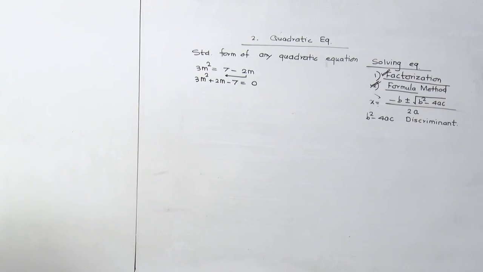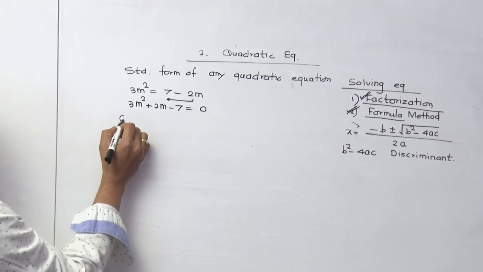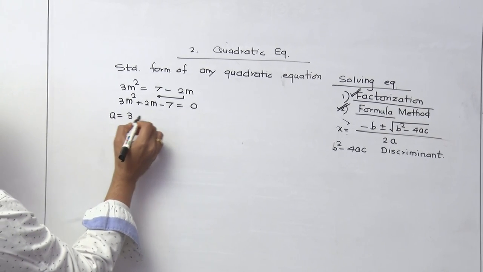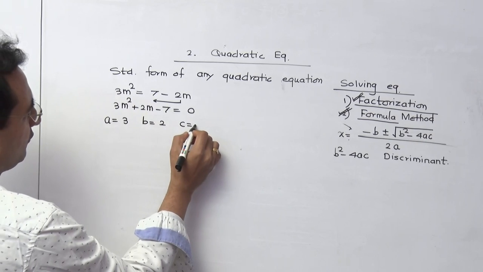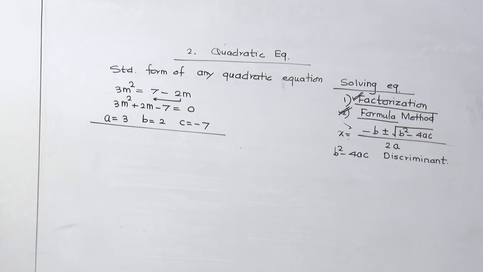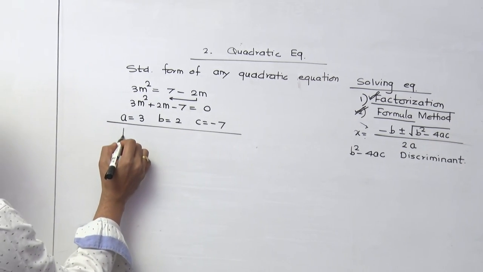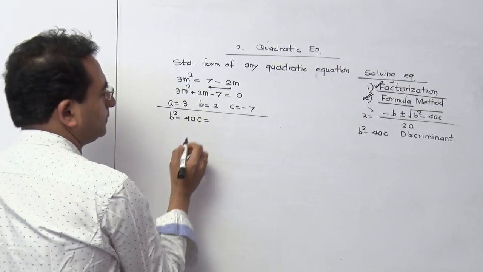Now this equation is already in the standard form. So now we have to write the values of a. The value of a is 3. The value of b is going to be 2. And value of c is minus 7. Values of a, b, c are mentioned over here. Now we have to go for discriminant. B square minus 4ac.